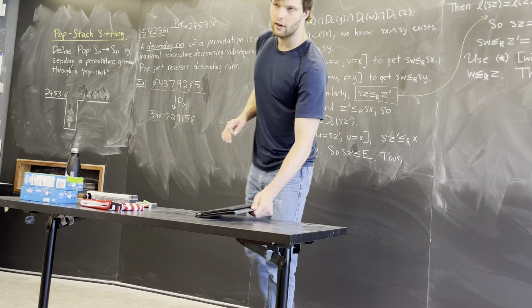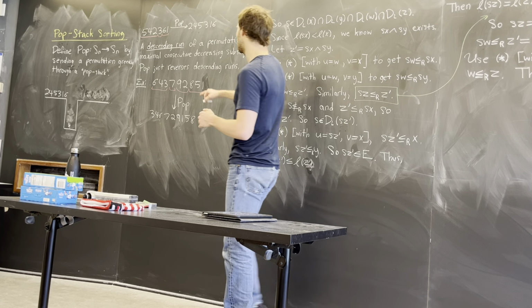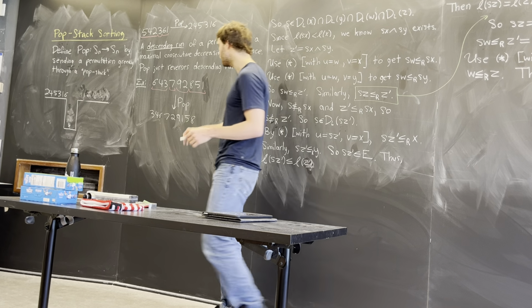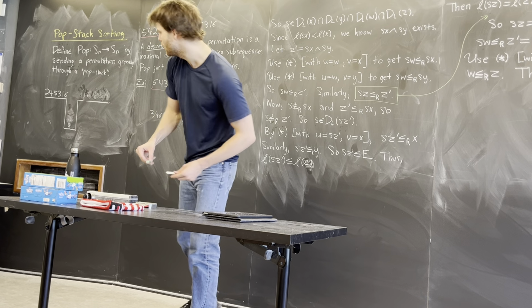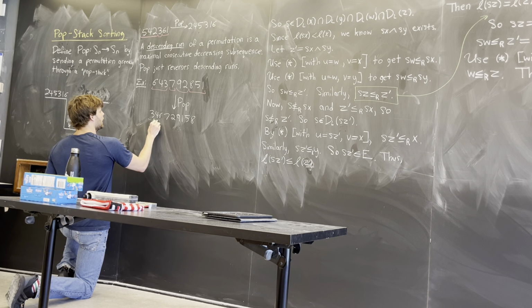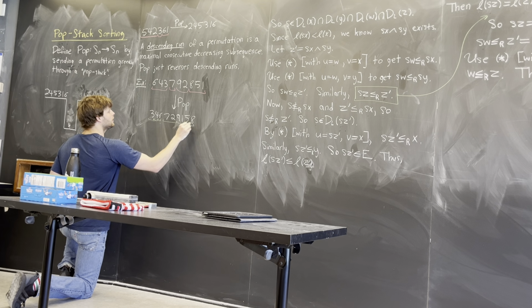So this actually gives you a dynamical system on the symmetric group, because you can say, well, I took this permutation, I applied pop to it, I get a new permutation. But now I could apply pop to this. If I did that, what would happen? Okay, so the descending runs would be 3, and 4, and 6, and 7, 2, and 9, 1, and 5, and 8.